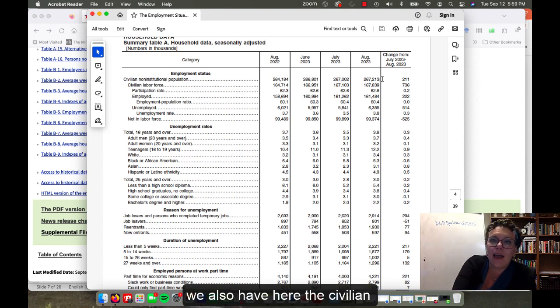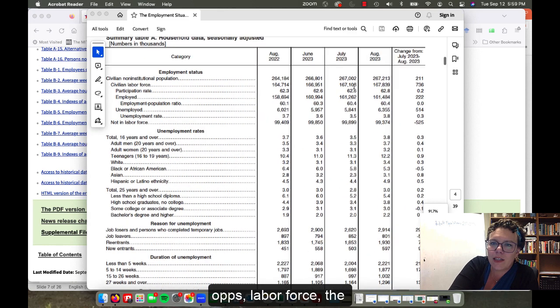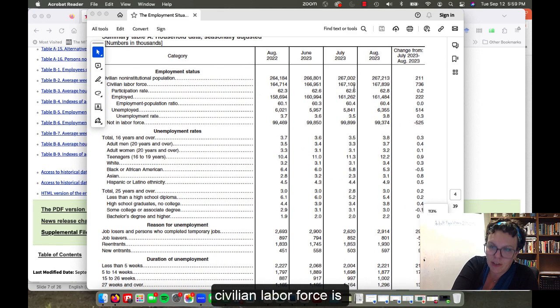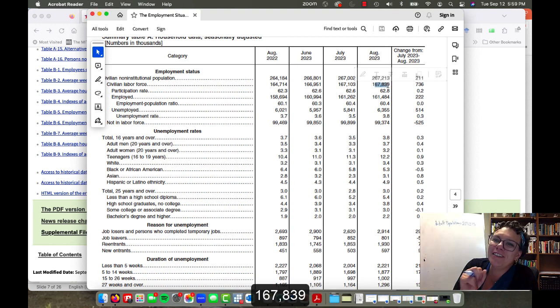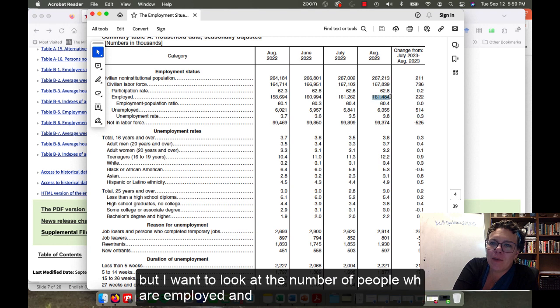We also have here the civilian labor force. Let me make that a little bit bigger for y'all. The civilian labor force is 167,839.